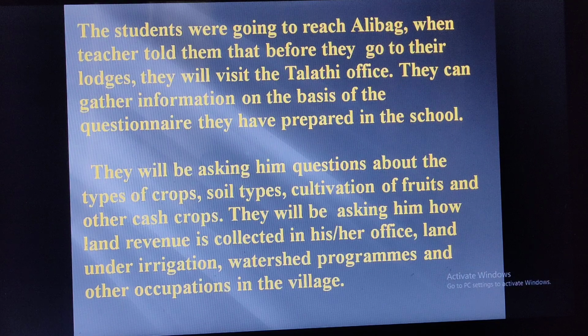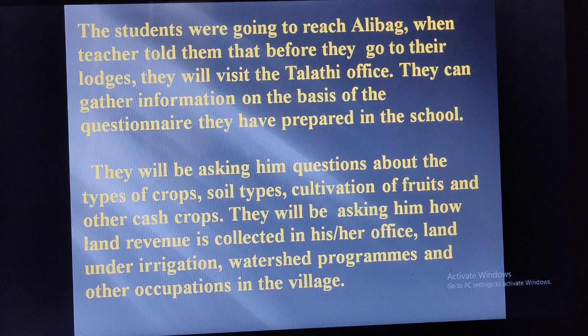Now the students were almost going to reach Alibag when their teacher told them that before going to the lodges in Alibag, they will visit the Talati office. The teacher told them that first we will go to the Talati office, and there the students can gather information on the basis of the questionnaire which they have prepared in the school.